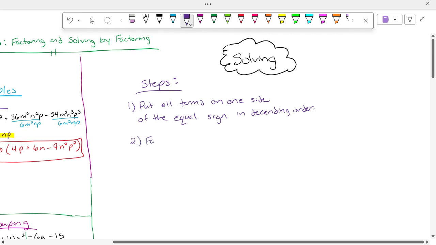We then factor completely. And then set each factor equal to 0 and solve.